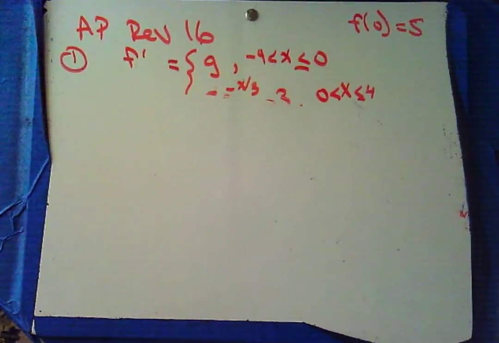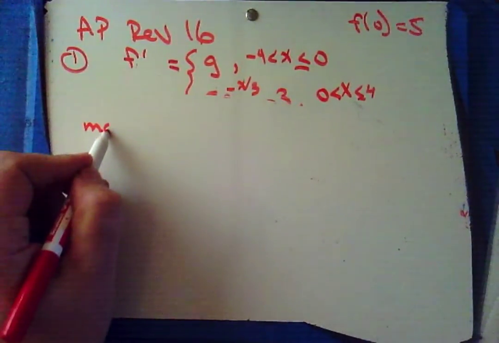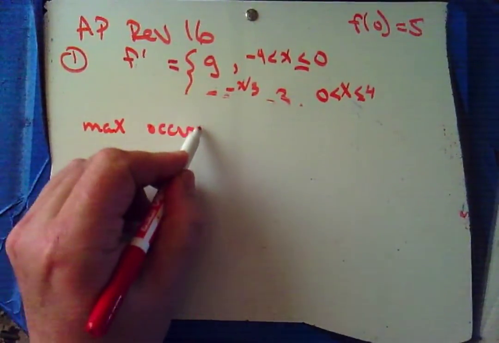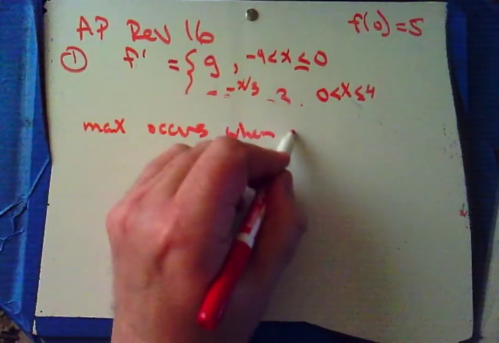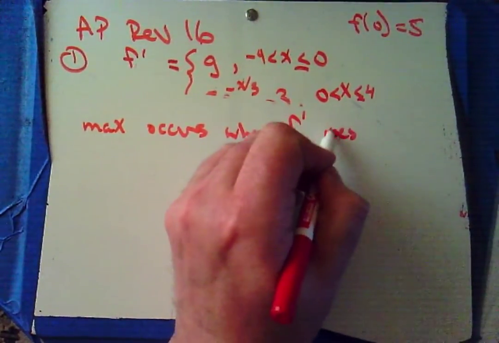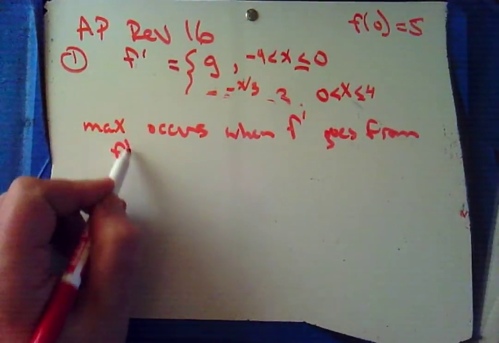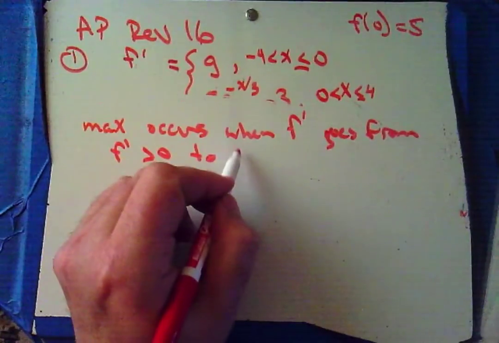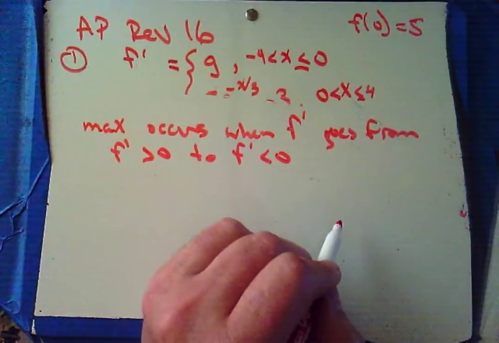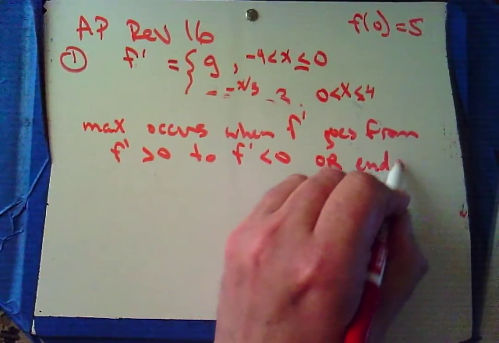Okay, part C. On the closed interval, we were looking for an absolute maximum. Okay, so a max occurs when f prime goes from f prime greater than 0 to f prime less than 0, or endpoints.